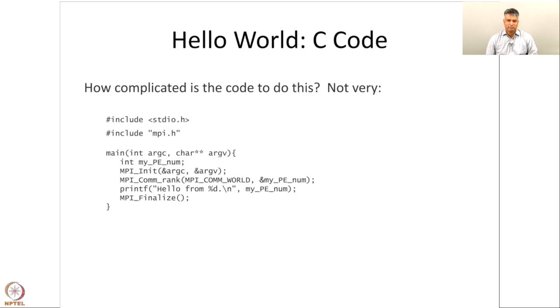So by default, all variables in MPI are private to that particular process. Here, then we go on to say printf hello from so and so process ID. And finally, we have the last command, which is MPI_Finalize, which essentially closes all the programs that have been started amongst different processors and cleanly exits.